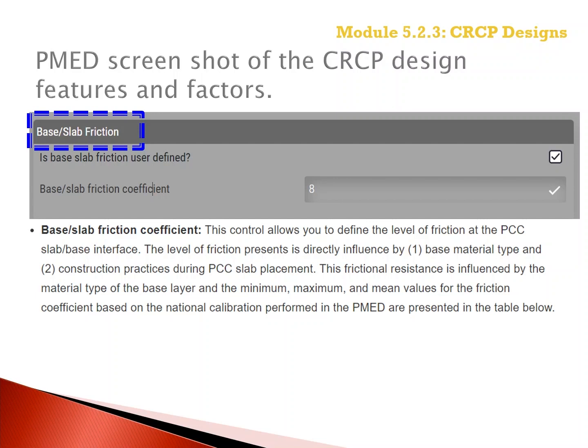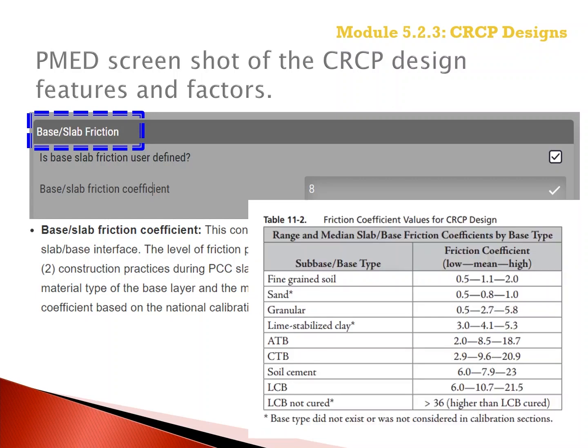And that table was presented in table 11.2 in terms of friction coefficients for CRCP pavements. This table simply shows the default base slab friction values for different types of base material. Again, it's generally recommended that the mean values in the manual of practice be used for CRCP design.